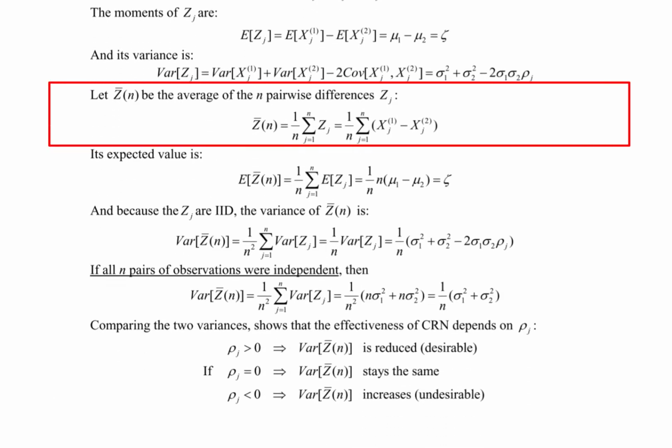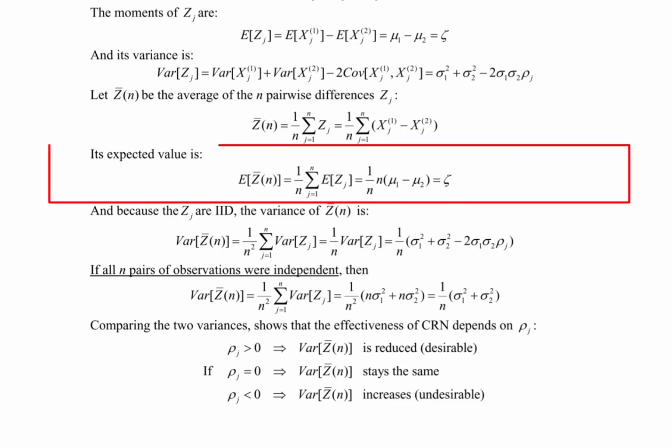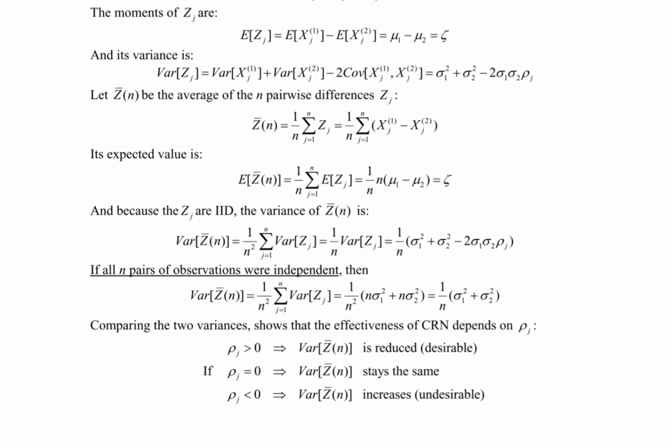If we make n pairs of simulation runs, then we can take their average that we shall denote with z bar. So z bar is xj1 minus xj2 added up over all values of j and divided by n. The expected value of z bar is easy to evaluate, and it equals zeta, the unknown mean that we're interested in estimating.